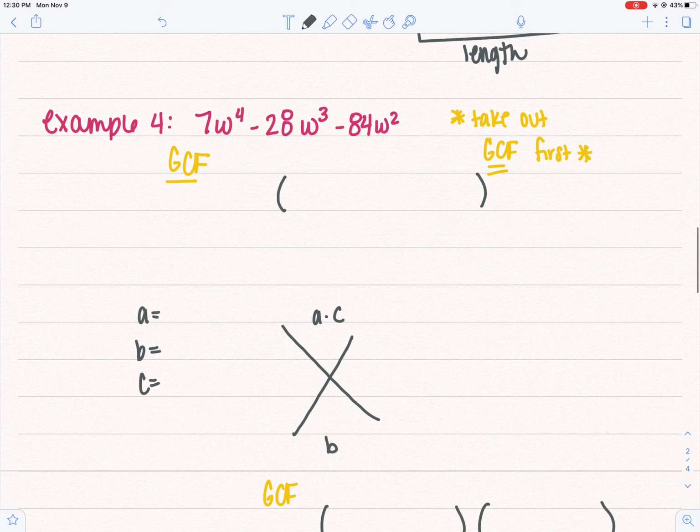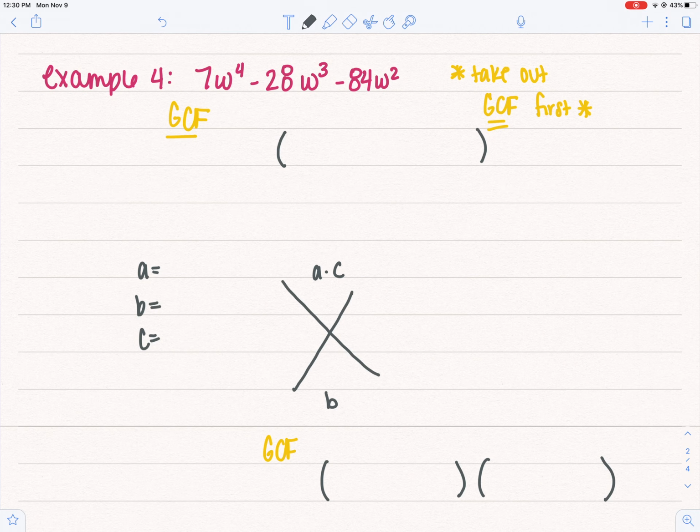Okay, the last example is just one that looks a little complicated, but it looks trickier than it is. Example 4 says 7w to the fourth minus 28w to the third minus 84w squared. I wrote a note over here to make sure that you notice this has a GCF. I see that every single one of those numbers can be divided by 7.